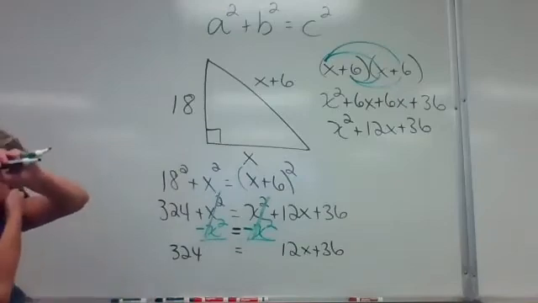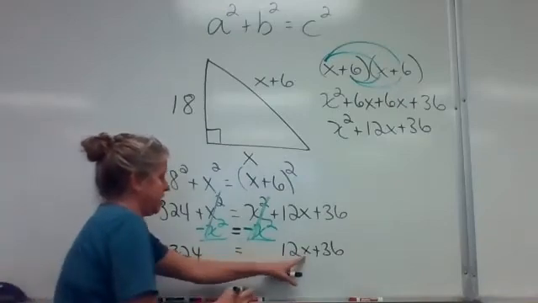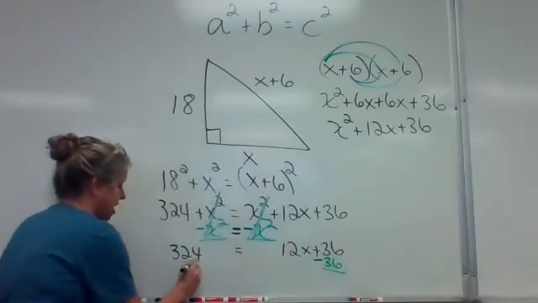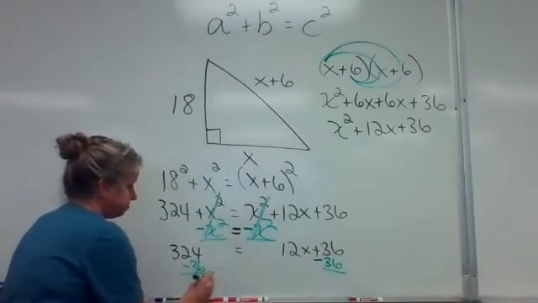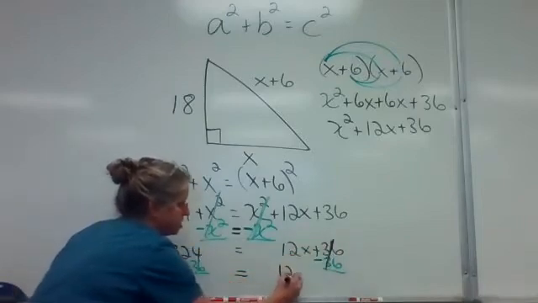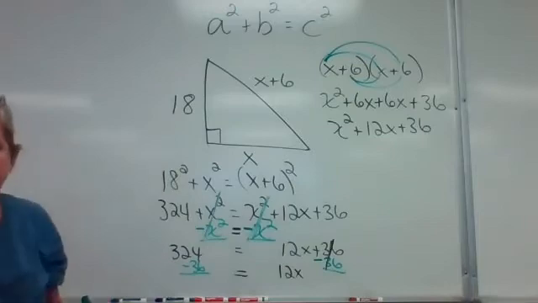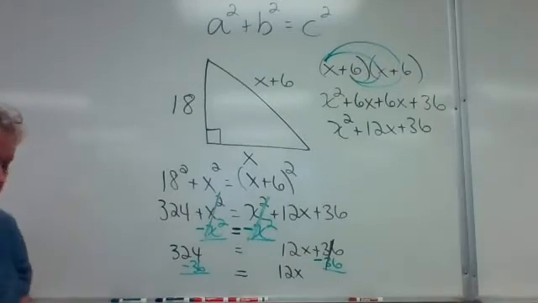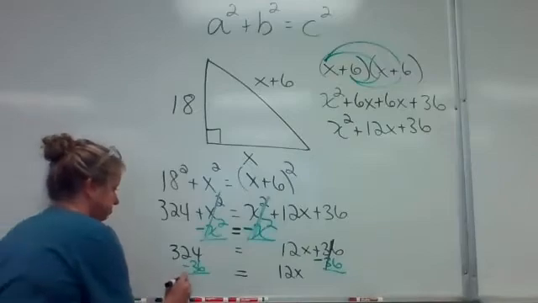And then solve it for that x, which means if I'm getting this x by itself, I need to subtract 36 from both sides. So that's gone. All I'm left with is the 12x over here, 324 minus 36 is 288.